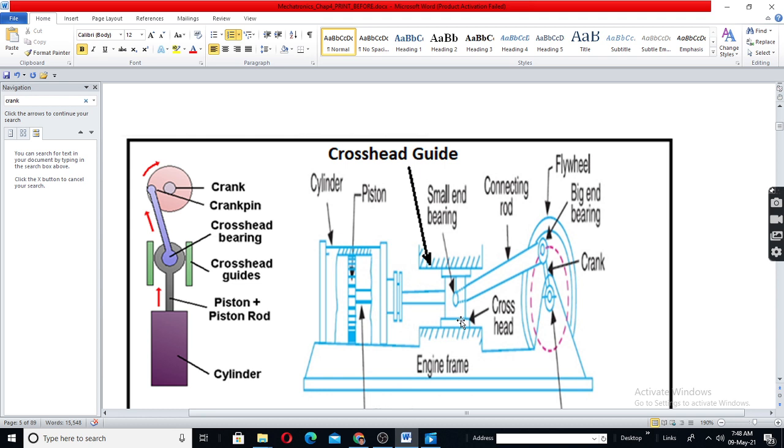Even though these three are separate parts, they are considered as one link: the piston head, piston rod, and then cross head.